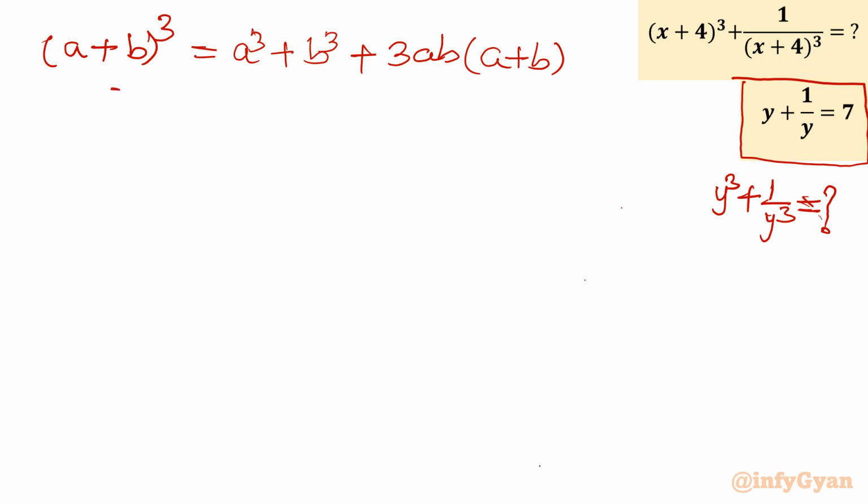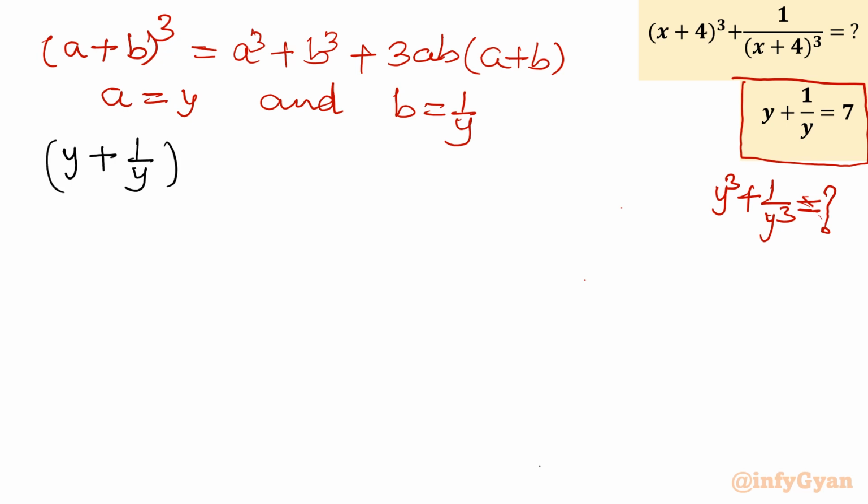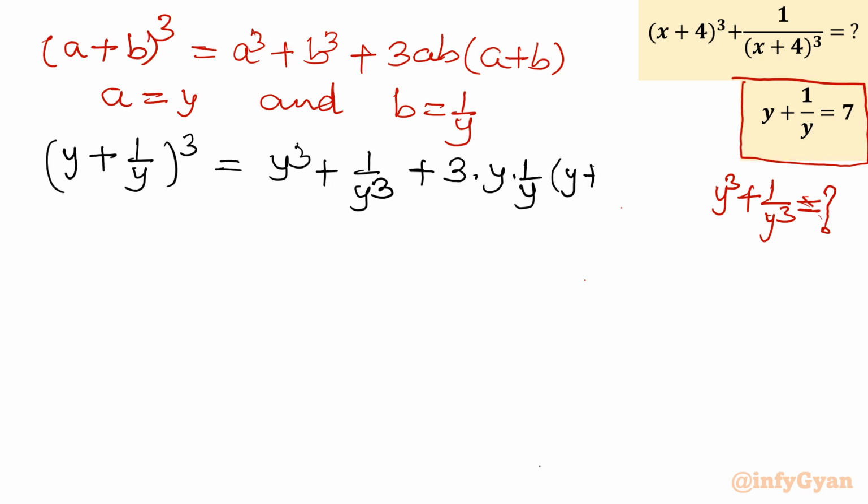Now I am going to put a equal to y and b equal to 1 over y as per the given problem conditions. So (y plus 1 over y) whole cube equal to y cube plus 1 over y cube plus 3 times y times 1 over y, bracket y plus 1 over y.